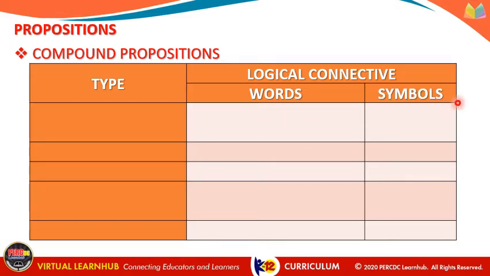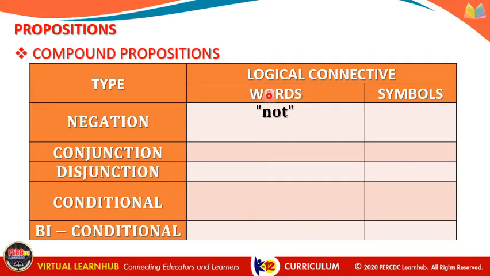Let's start with the negation. Now, one way to distinguish that what you have is a negation is the word not. So if, let's say, you have Ben is not cooking, you might say that is a negation. Aside from that, you can also use the words it is not the case that.